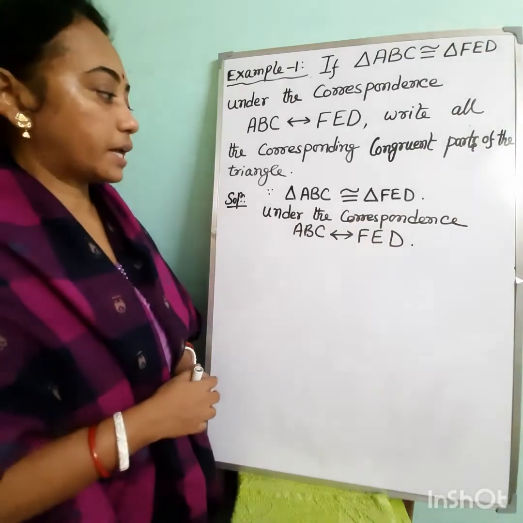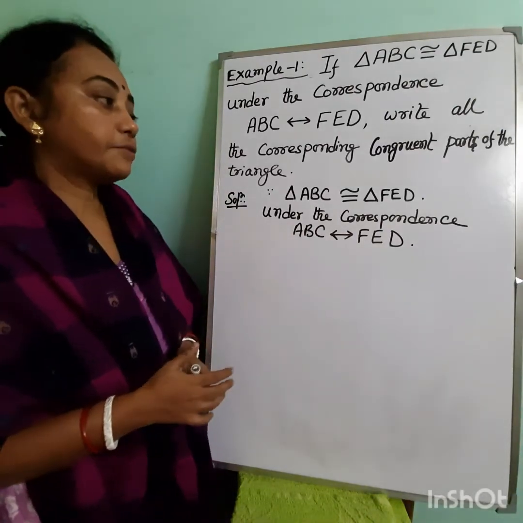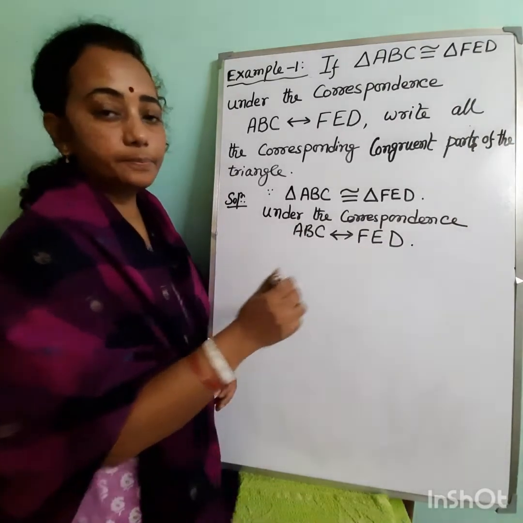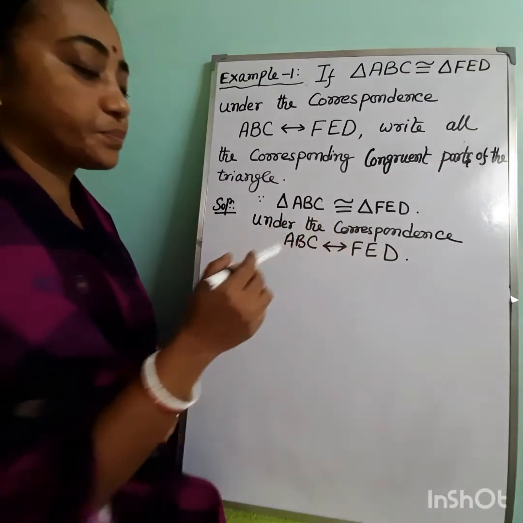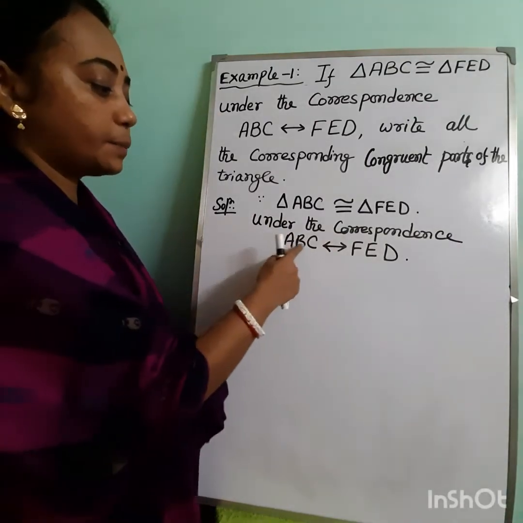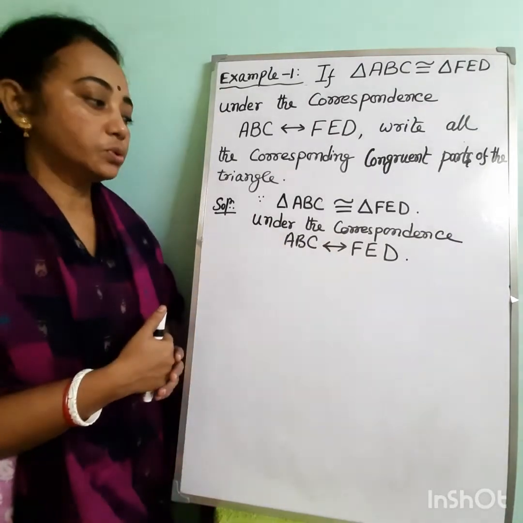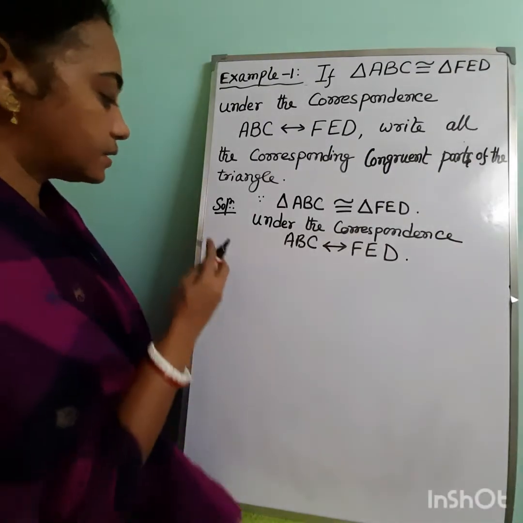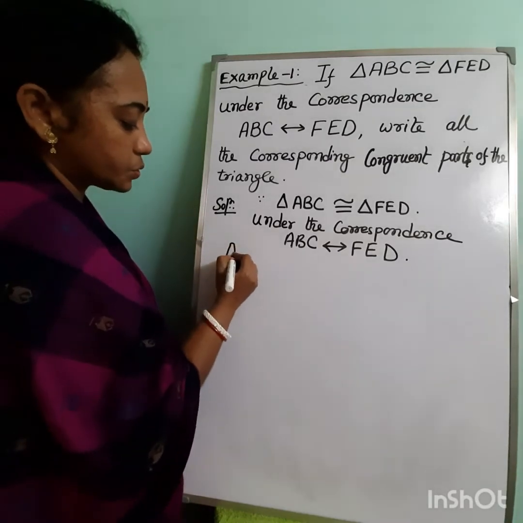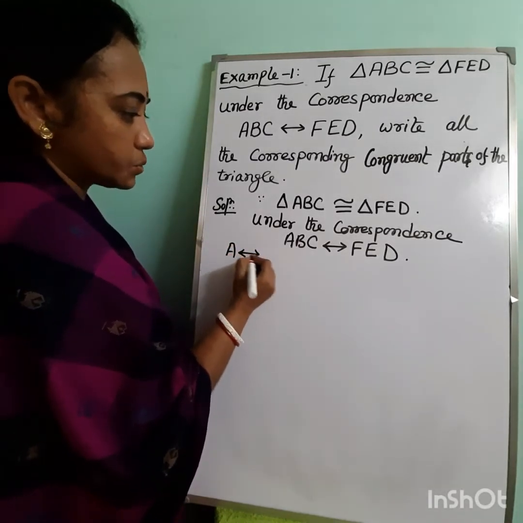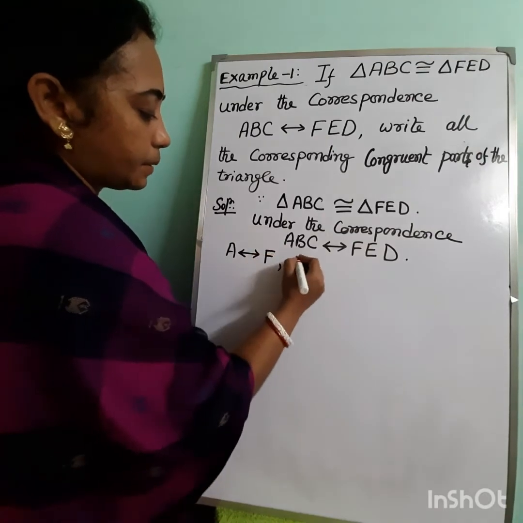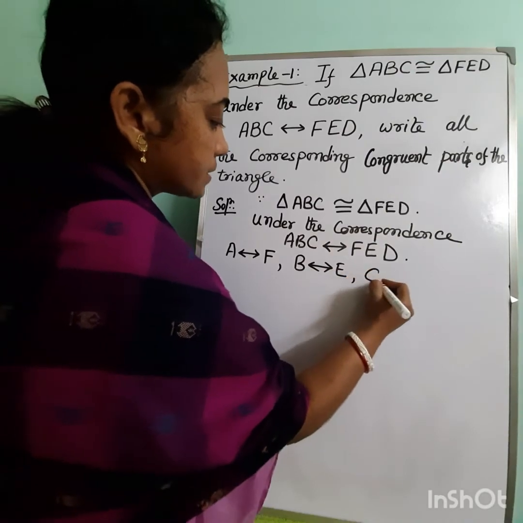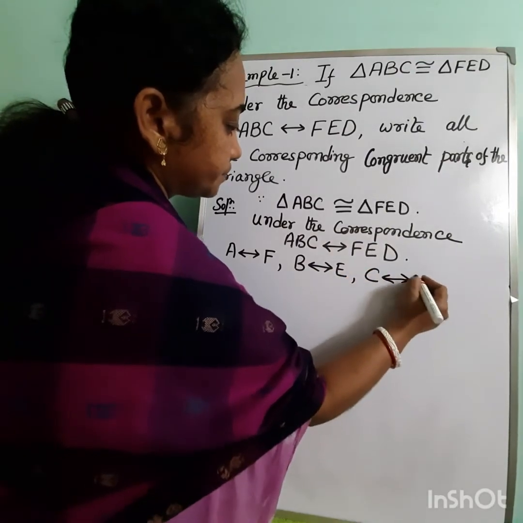Since it is given that triangle ABC is congruent to triangle FED, it means the vertices A, B and C correspond to the vertices F, E and D respectively.